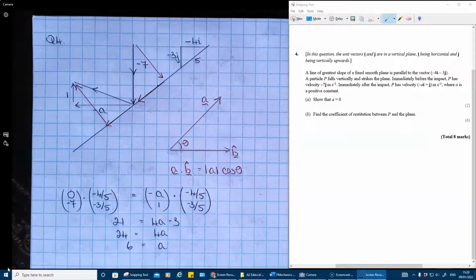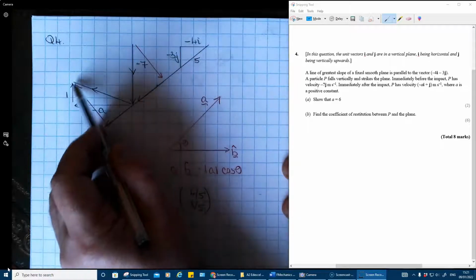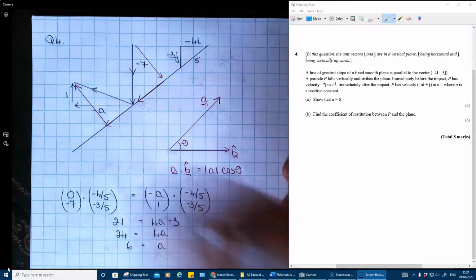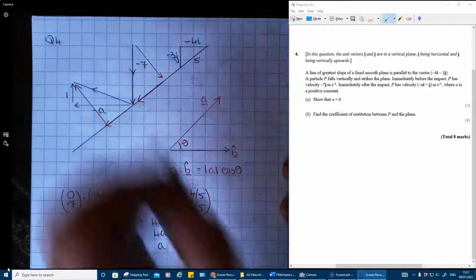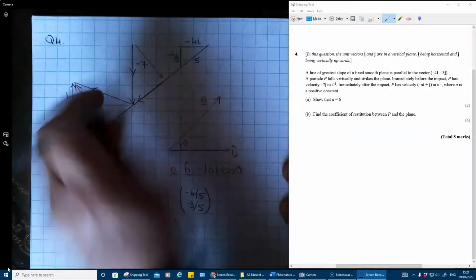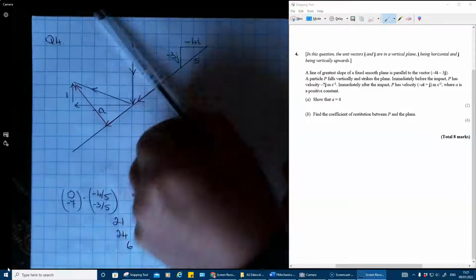For the second part, we're looking for the coefficient of restitution. So we're more interested in the velocities perpendicular to the slope. So we're going to do a similar thing, but we're not interested now in dotting with that direction, we're interested in the perpendicular.